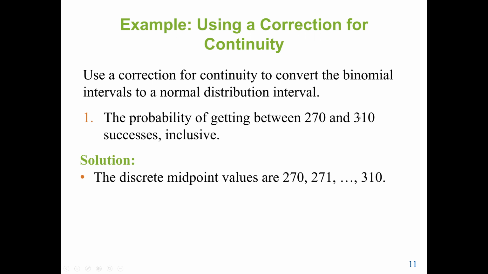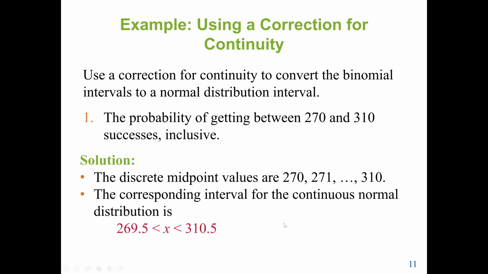So the corresponding interval for the continuous normal distribution is, we subtract 0.5 from the left, so 270 minus 0.5, and then we have 310 plus 0.5. So X will be greater than 269.5 and less than 310.5.